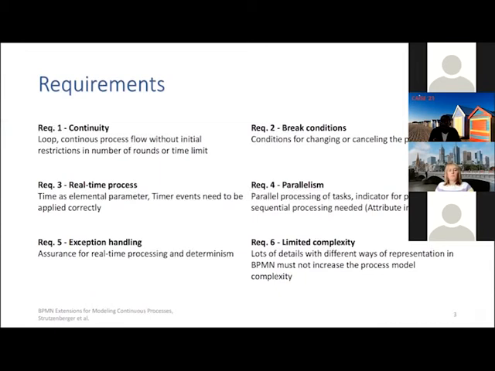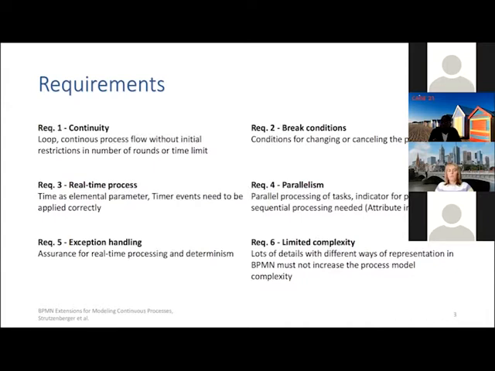For this reason, we have examined the representation of continuous processes using BPMN and defined a set of requirements, which are derived from real-world scenarios. These requirements are, first of all, continuity. This needs to be depicted in a process model in order to show the characteristic flow of the process.